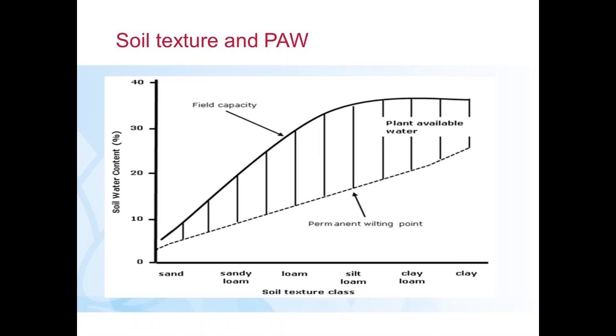The flip side to that is that, because they're very large pores, they don't hold a lot of water, and it drains very readily. And as you go along the soil texture classes and get heavier and heavier soil, your pores become smaller, and so the ability to hold more water becomes greater. But then the plants need to use more energy to extract water from those finer capillaries, and so that's why your permanent wilting point increases with soil water content.